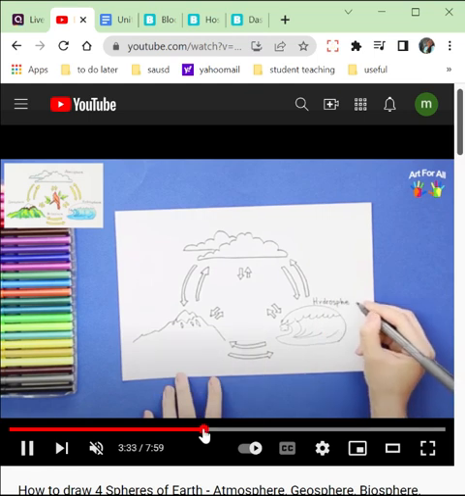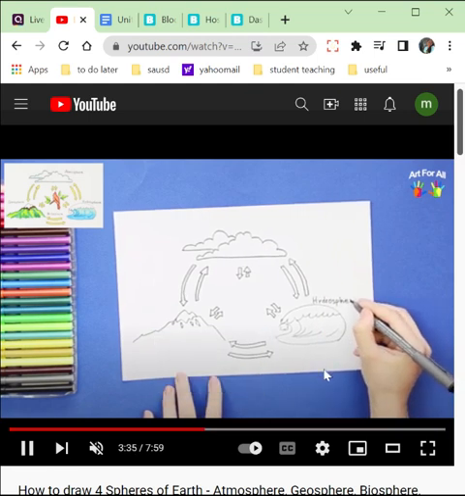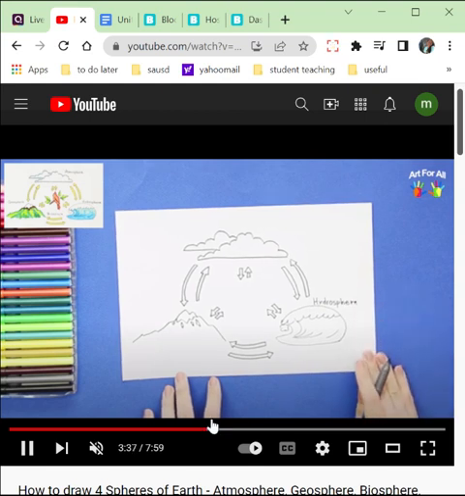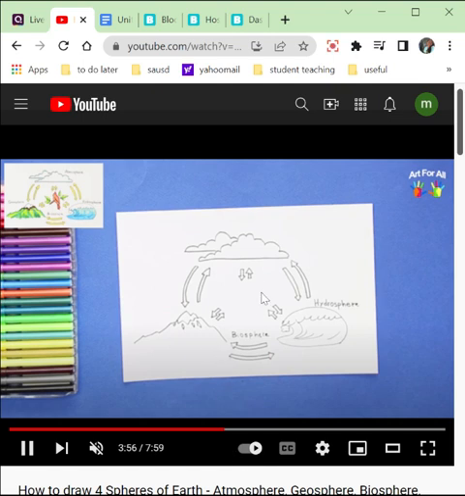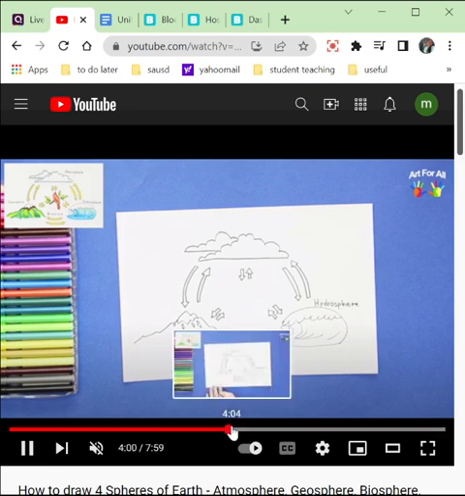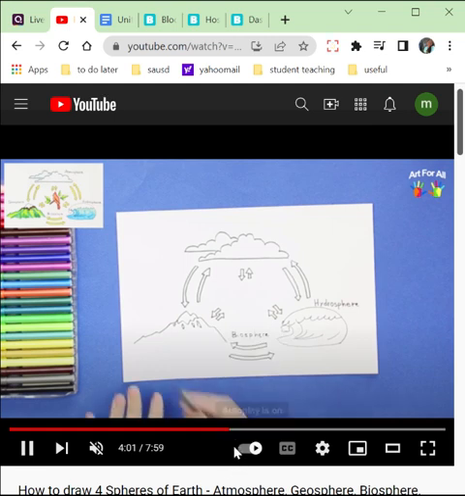Okay, so now they're labeling the water part. That's the hydrosphere. And then the biosphere we'll draw later. That would be here. So biosphere is anything that's living, that's like plants, animals, us.